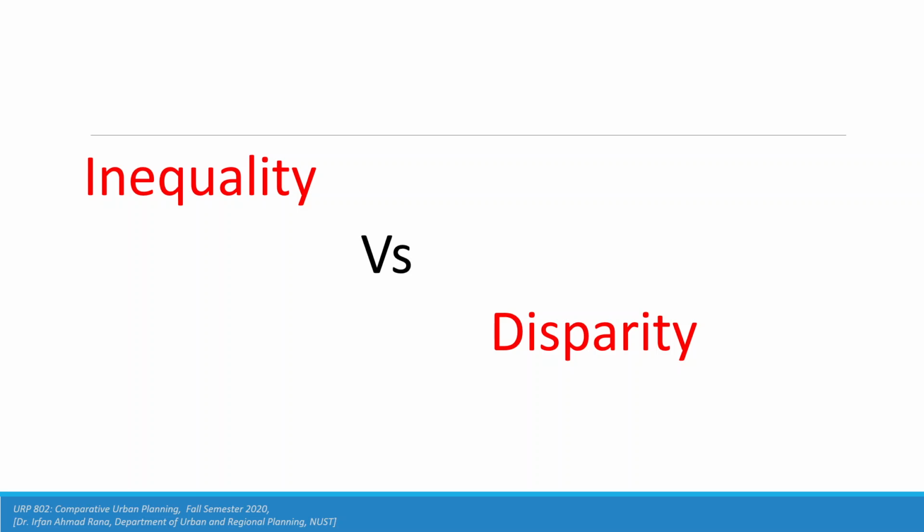There are two terms usually seen in the literature: inequality and disparity. Both words mean the same, but mostly in the literature, inequality is used in terms of economy, so economic inequality or income inequality, whereas disparity is more concerned with development disparity, or some sort of physical disparity.